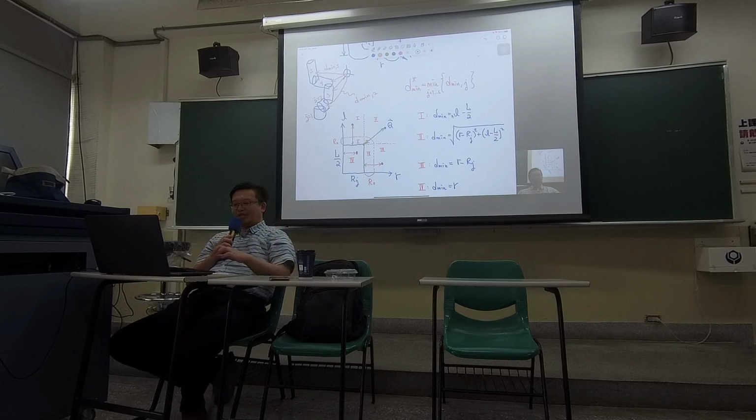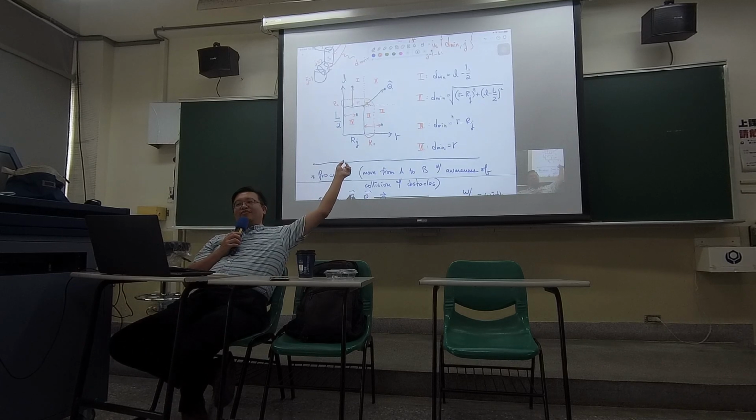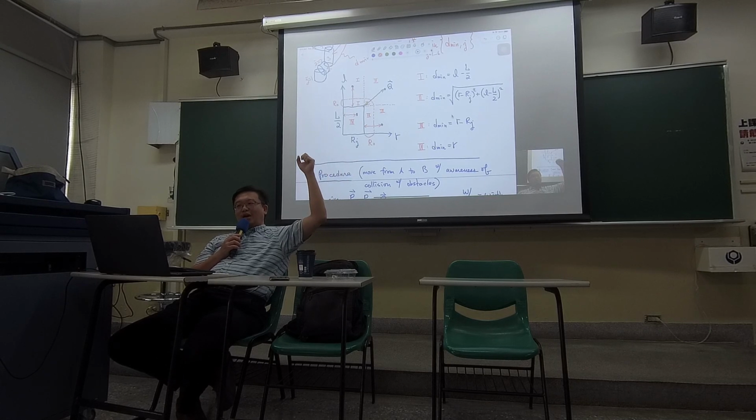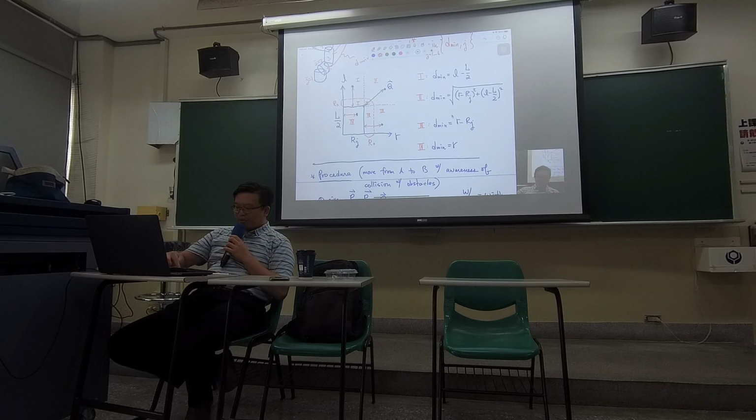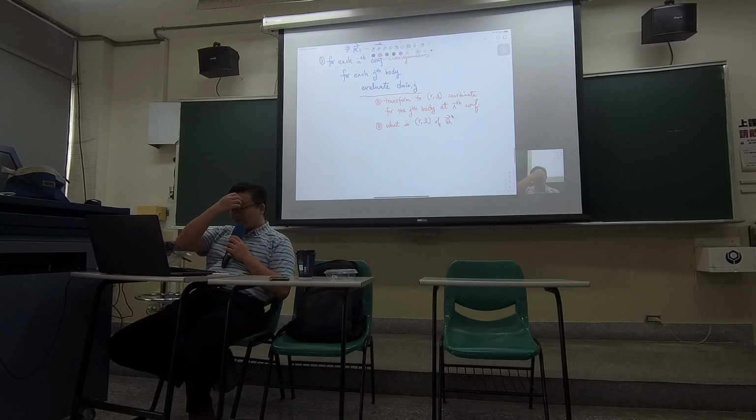Now once you have it, then from what I showed you here, you can easily determine what is the shortest distance between the obstacle and the cylinder. And there are 4 different regions using 4 different equations. Okay? So once you have that, then you can compute for the minimum.